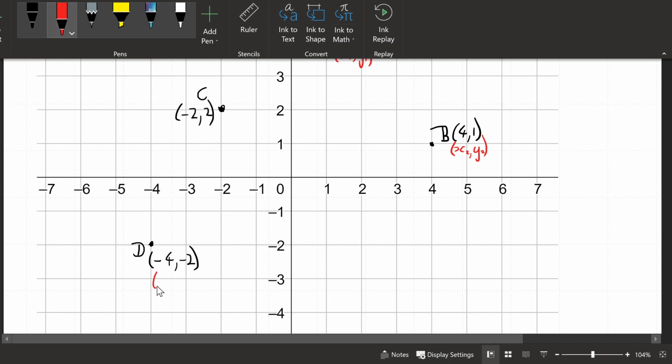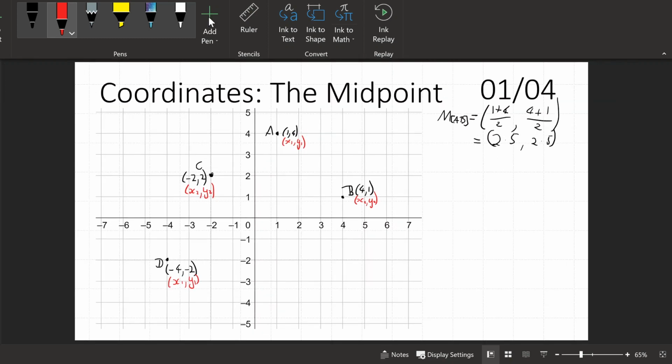And I'm going to make D x1 and y1 and C x2 and y2. Again, it doesn't really matter so long as x2 and y2 are the coordinates of one point, x1 and y1 are the coordinates of the other point, okay? So, let's have a quick look at how we'd solve this out, okay?